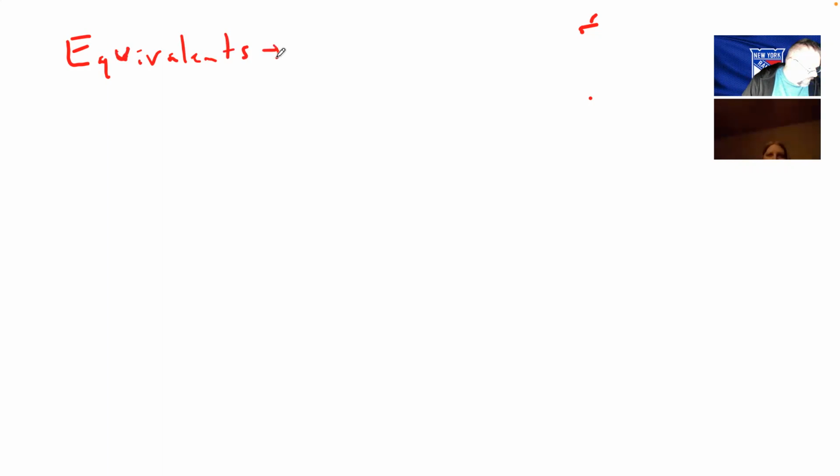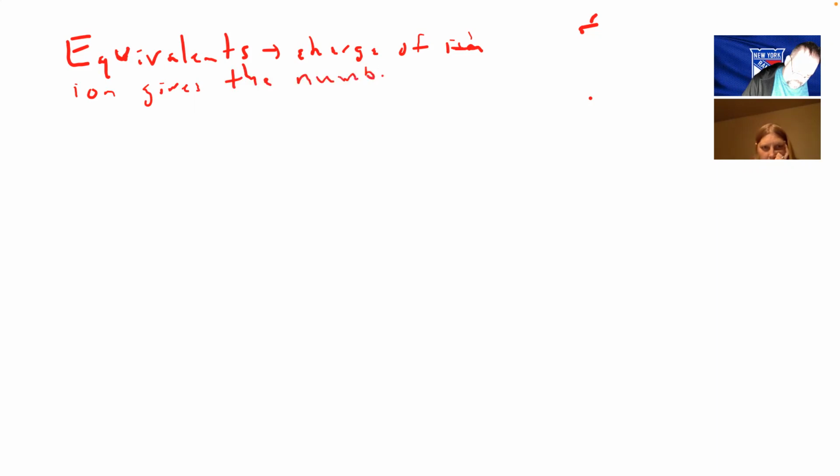Okay. So with the idea of equivalence, essentially the charge of the ion gives the number of equivalents per mole.